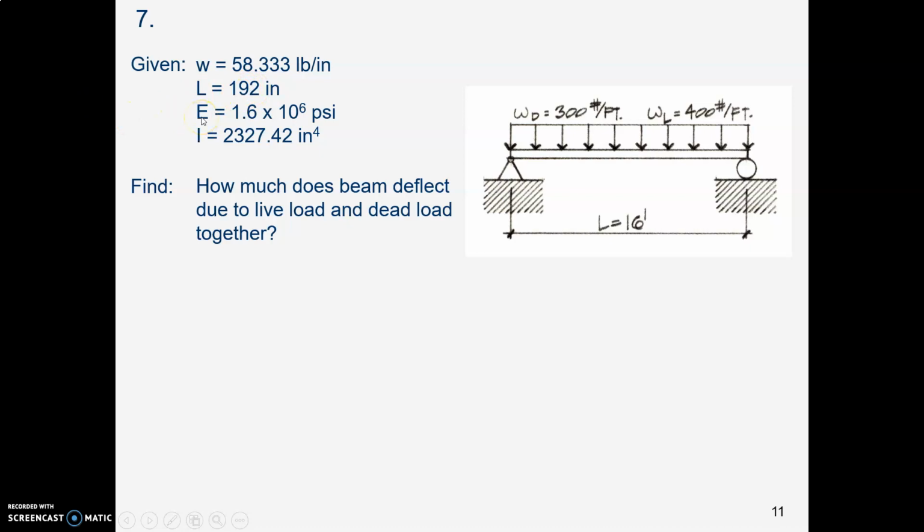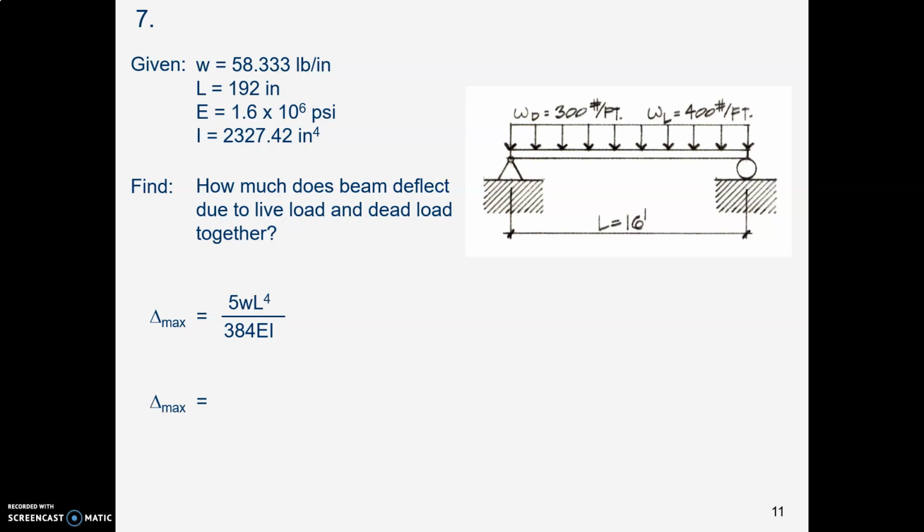We were told the modulus of elasticity, the stiffness of the material, and we just looked up the moment of inertia. So let's plug all that stuff into our same deflection formula that we got off of that table. So here's the deflection formula if you have a distributed load.